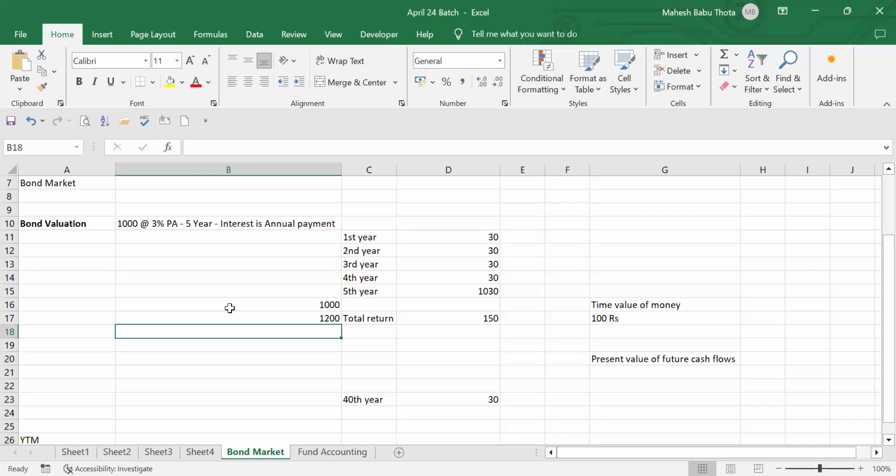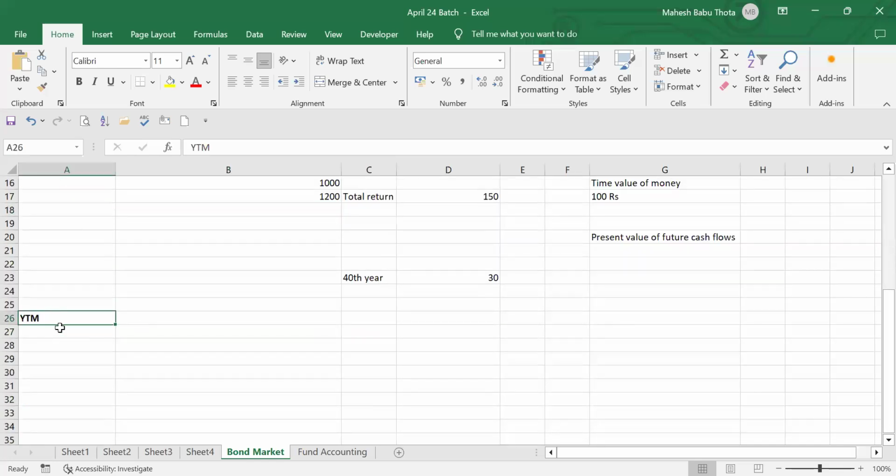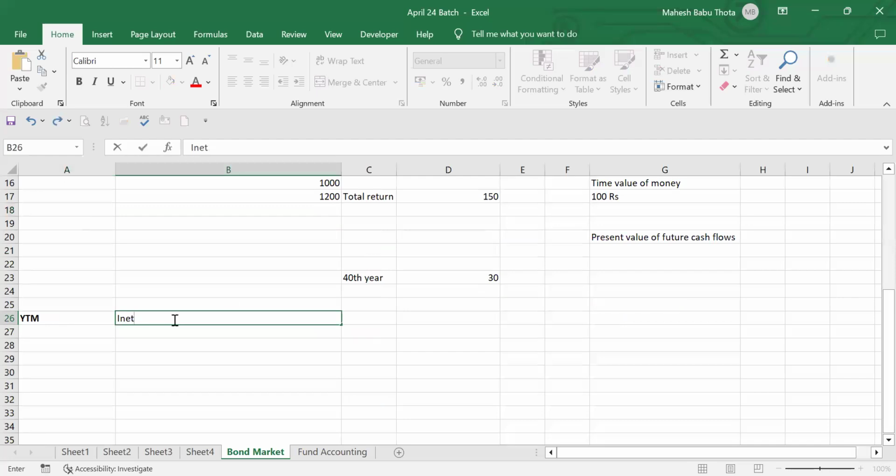So with this yield to maturity concept, what we are going to calculate is the yield to maturity. Basically, the yield to maturity comprises two elements. One is the interest element, which is nothing but return, the interest part, plus the gain. Yield to maturity includes the gain. So what is return?